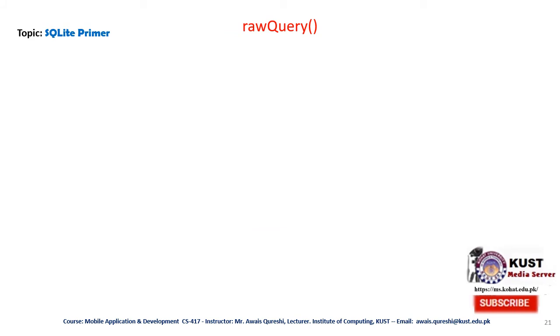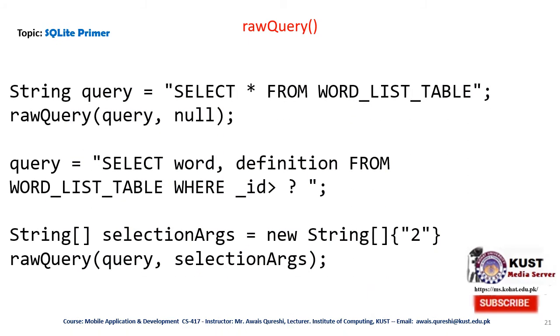Now let's discuss SQL raw queries. SQL raw queries have a special function. If you want to use queries other than in the SQL editor or SQL server editor, we can use this option called raw query, and this option is mostly used on the programming side.